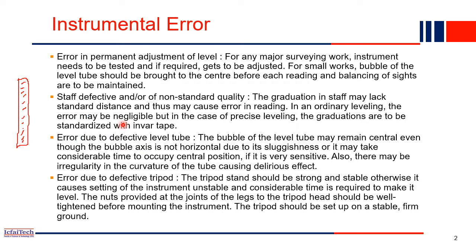The level tube is used for leveling purposes, for permanent setting and temporary setting of our instrument. If that has an error, this will introduce error. And the last one we discussed is the error in the tripod. The dumpy level is mounted on a tripod, so this also will additionally introduce problems in our readings.